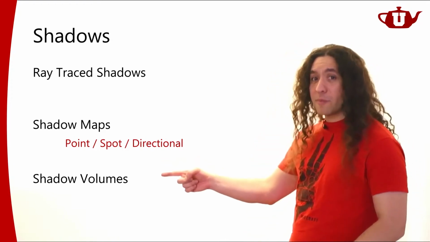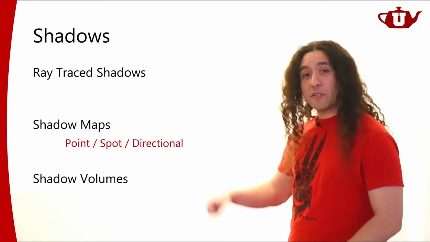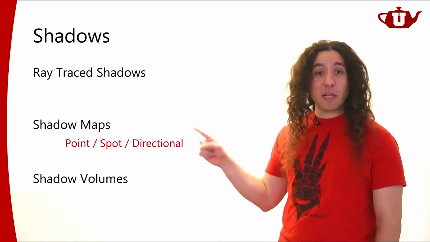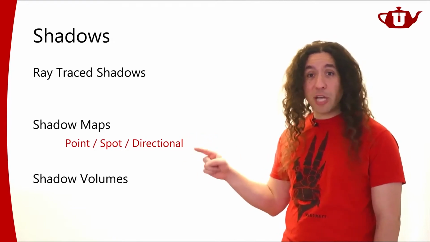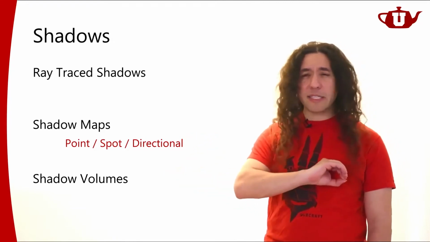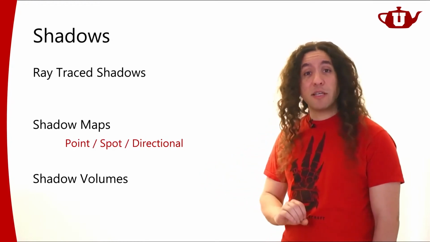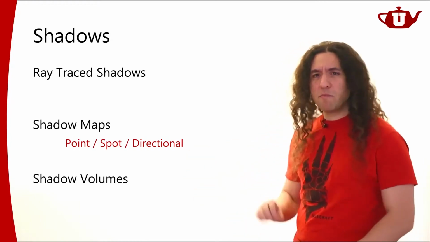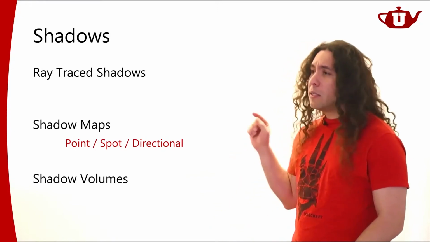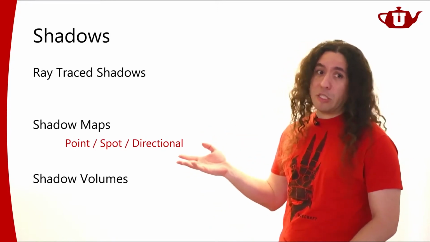But shadow volumes, in comparison to shadow maps, don't have the shadow map resolution problem. Shadow volumes actually give you really nice and crisp, perfect shadow boundaries, perfectly hard shadow boundaries. But they have their own issues.